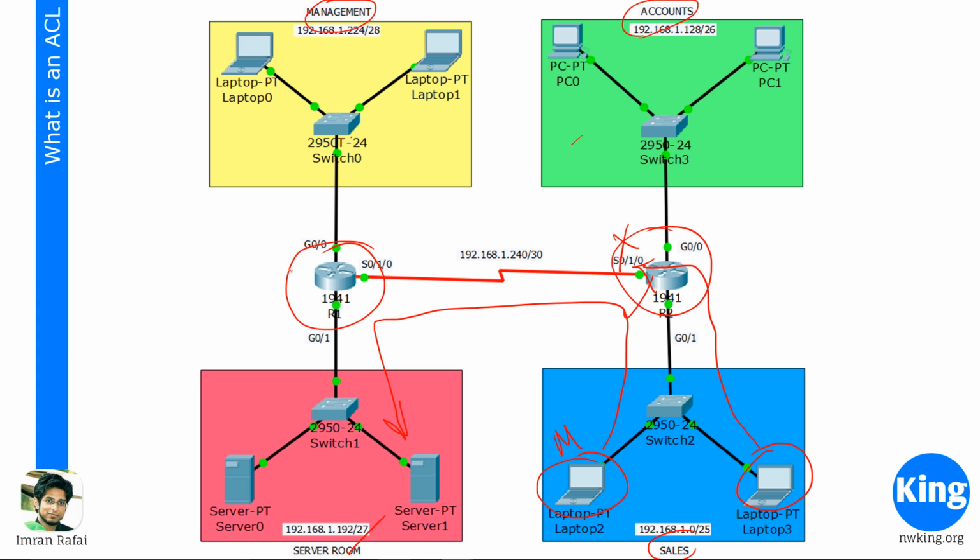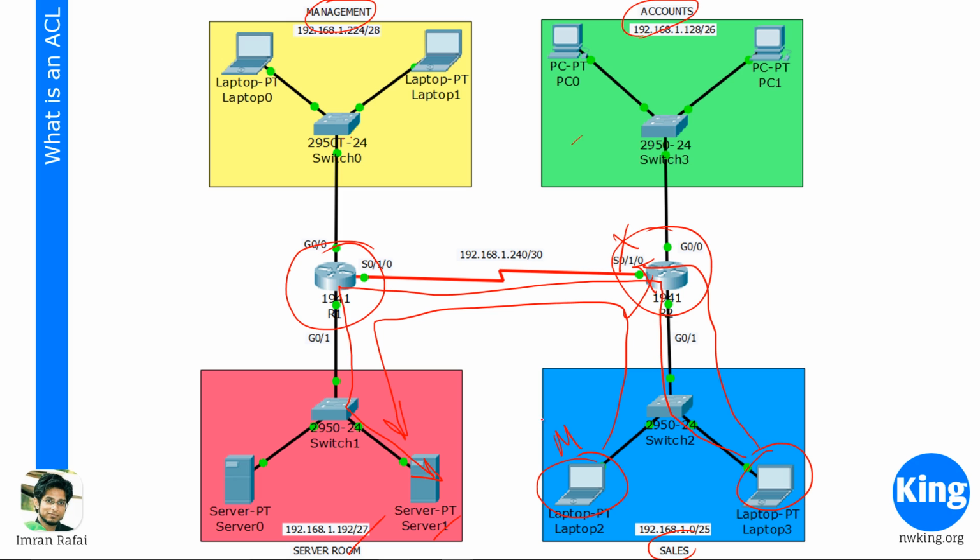The most important thing when you're doing traffic filtering is to identify the data flow. For instance, if you want to block this guy, laptop 3, from accessing the server, we need to first identify the traffic. If he was communicating with server 1, the flow of traffic goes to the switch, to the router, then to the other router, then to the switch, and then here.